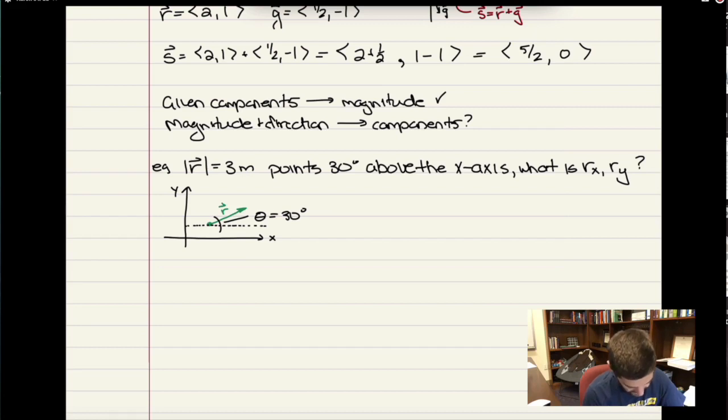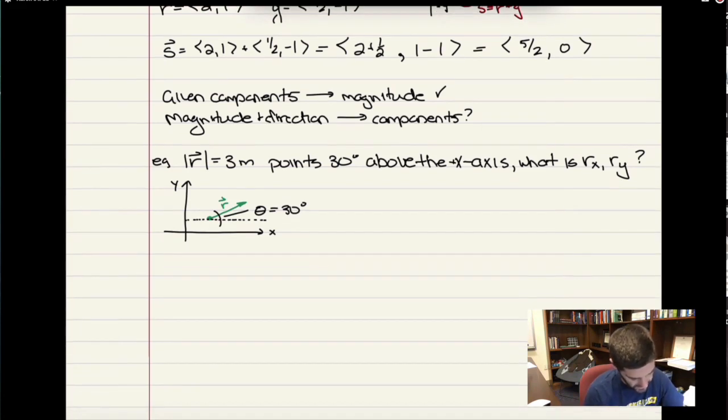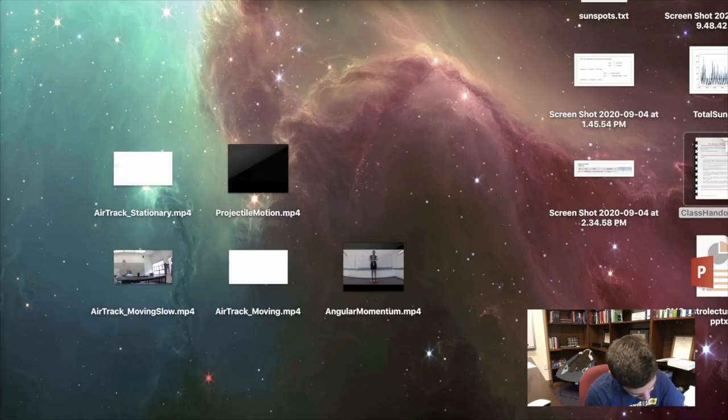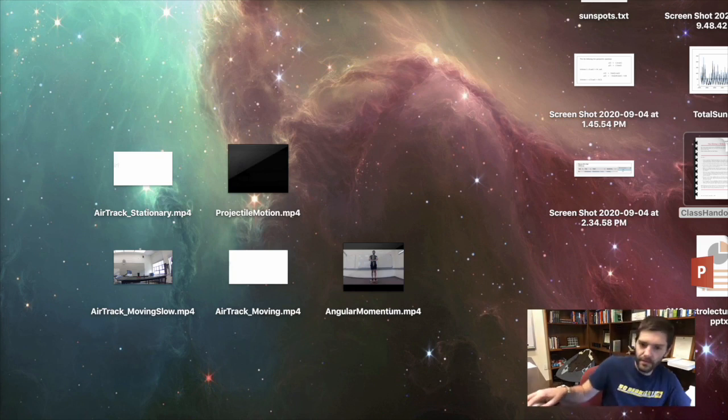I should have said this above, the positive x-axis. And so now the question is, given that, what is this length here, which is r sub x? And what is this length here, which is r sub y?